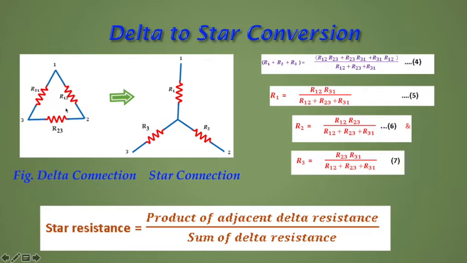So this is how a delta connection is converted to a star connection. The star resistance is equal to, always remember, the product of the adjacent delta resistances divided by the sum of the delta resistances. If we consider R1, this one is R1, so the adjacent resistances are multiplied and divided by the total resistance. You follow this equation for R1, R2 and R3.